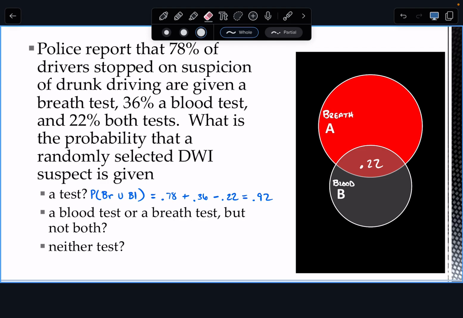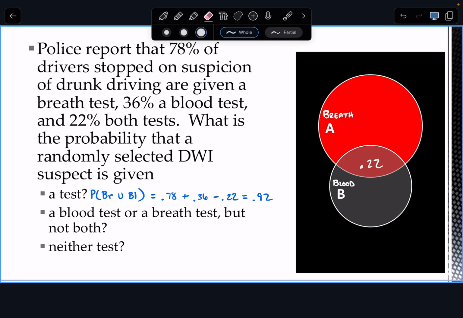So it's not as simple as just taking the percentages from the problem and filling in the regions. The middle, they give me. That one will always be given to you, and they're not mutually exclusive. From there, we have to kind of figure out these other regions. So if all of circle A is supposed to be 78%, we simply took 22% of that out. That 22% goes in the overlap.